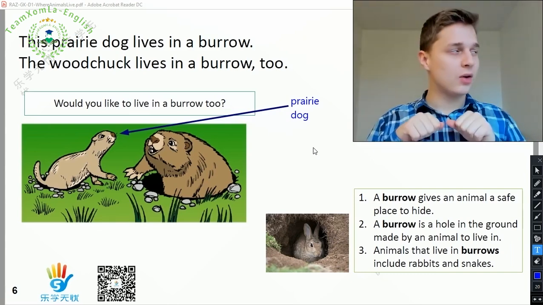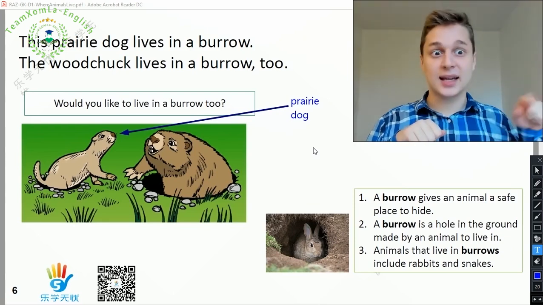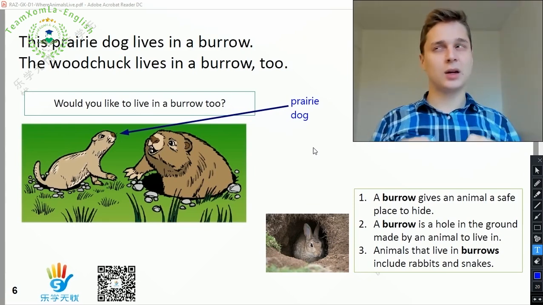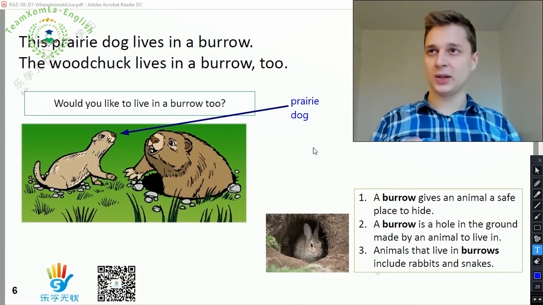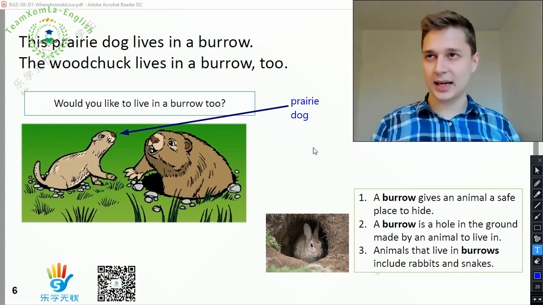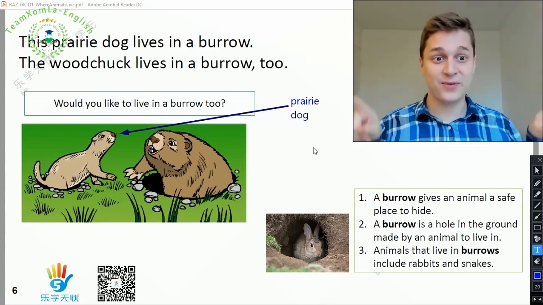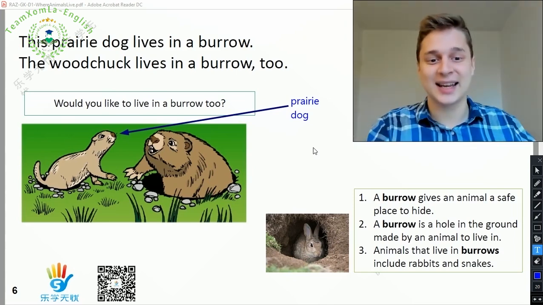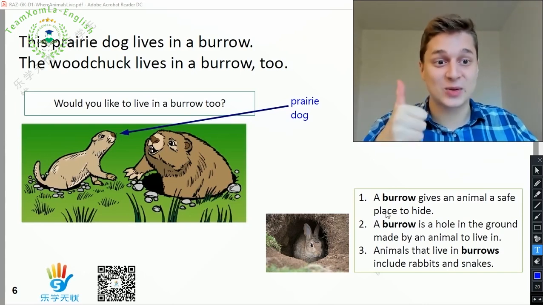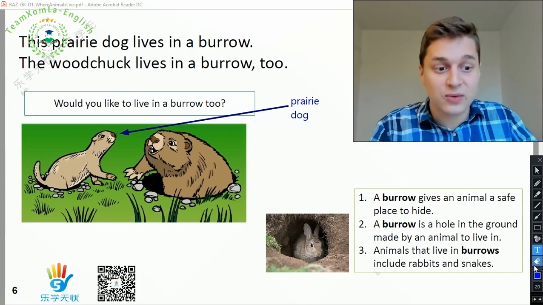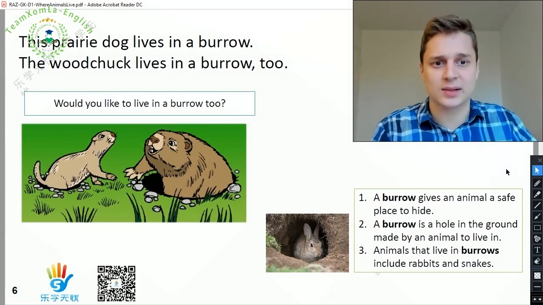The guard watches as the others eat. The guard watches for any danger, and if the guard sees dangerous animals, the guard says, "Chip, chip," and everyone quickly hides in the burrow. So that's why prairie dogs use barrows to stay safe from dangerous animals.